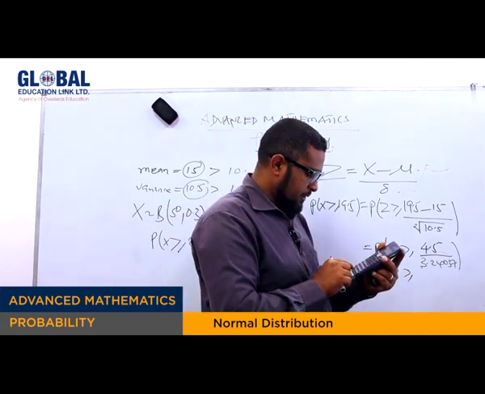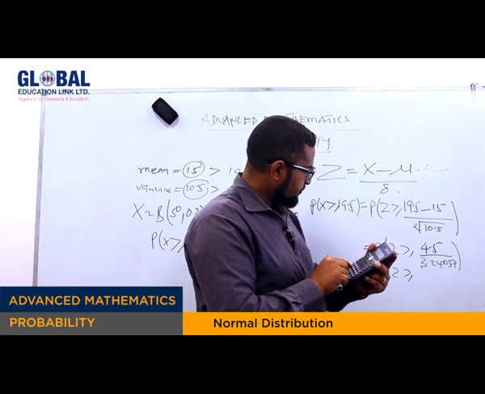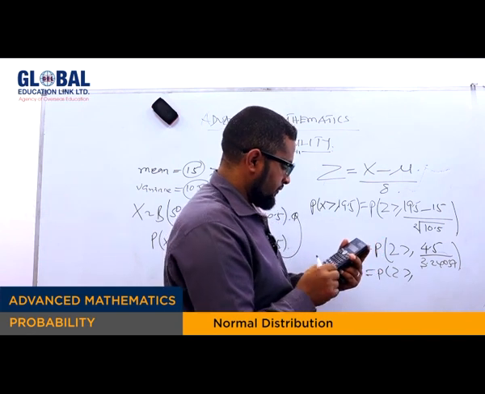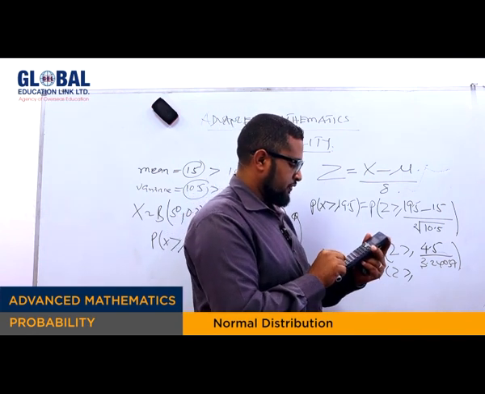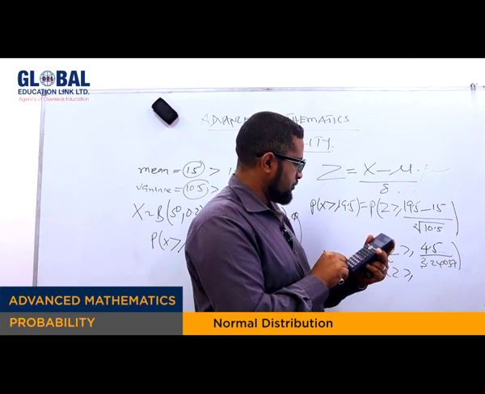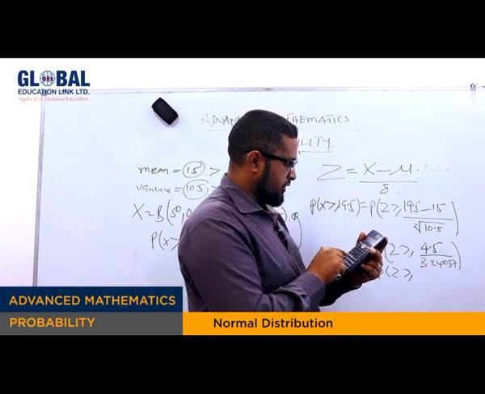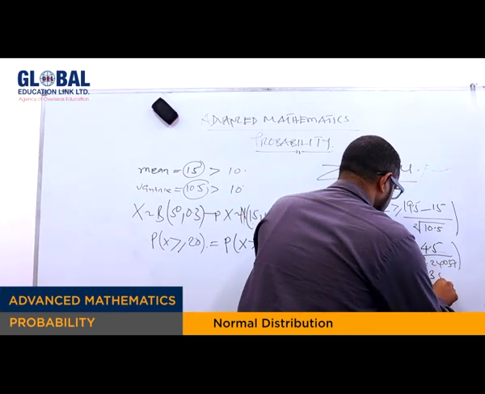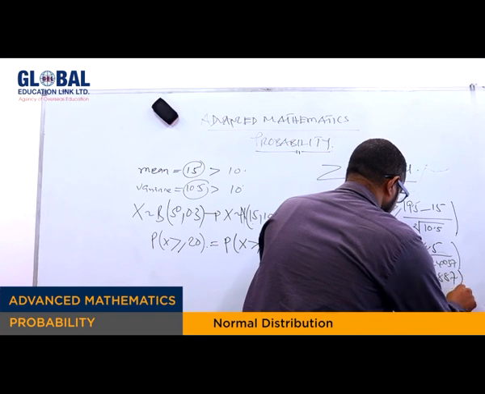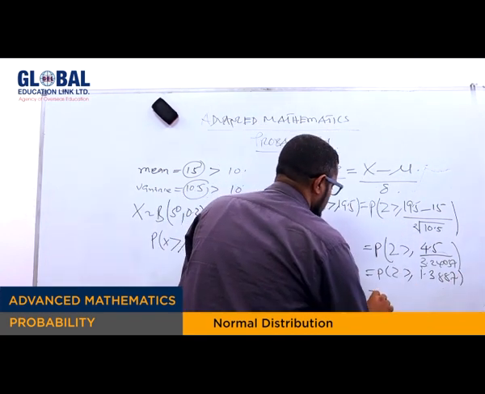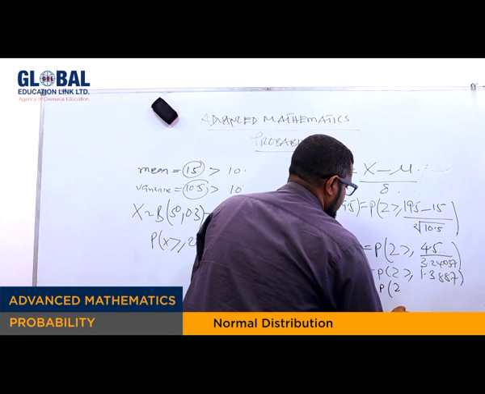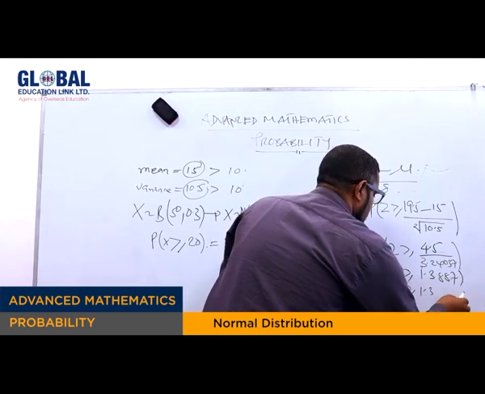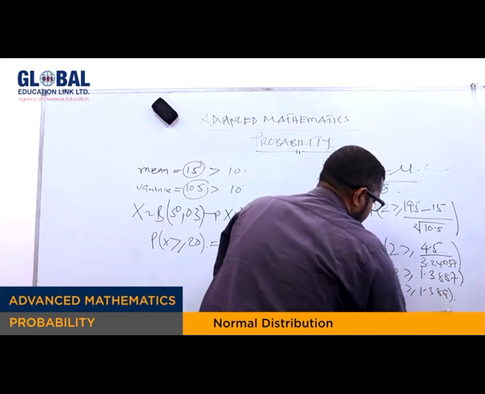Then to the last point, Z greater than or equal to 4.5 divided by 3.24037. So our value here is 1.3887, which you may approximate into 2 decimal places, Z greater than 1.389.